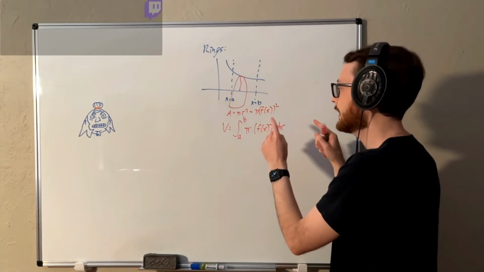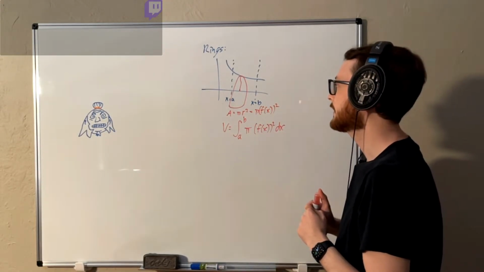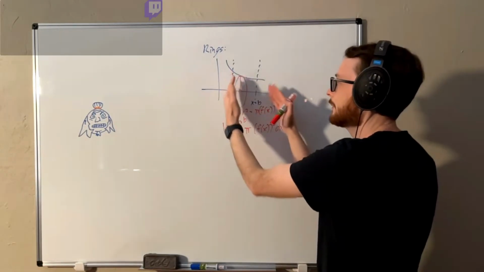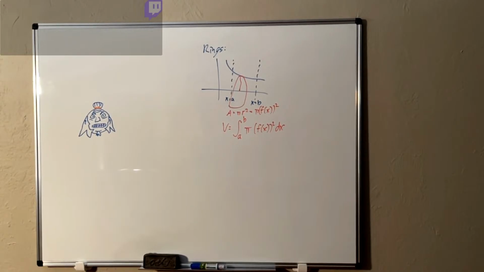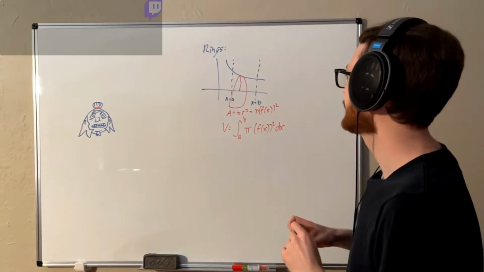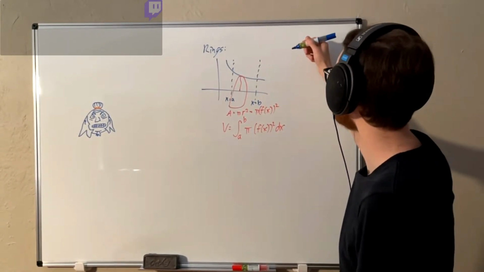So we're integrating area and getting a volume. And that's all that's really happening with rings. We're taking all these circles and stacking them up from a to b. And that connects very neatly with washers, because all washers does is it takes two rings and subtracts them.